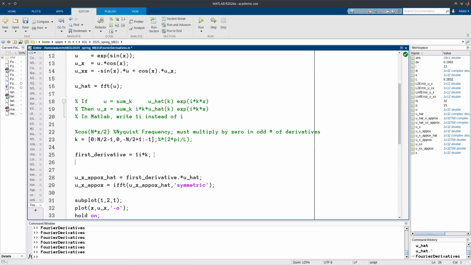And that's almost right. But remember this thing about the Nyquist frequency, that the last entry is cosine of nx, and its odd number derivatives will therefore be sines, which will be identically 0 on the grid that we have. Okay, so that's why we have this 0 here.